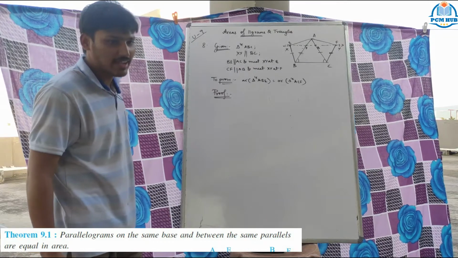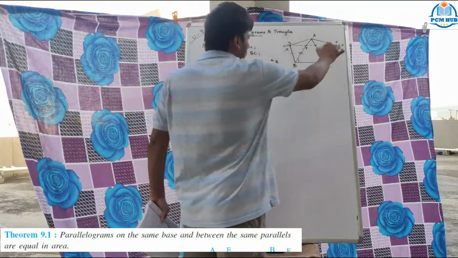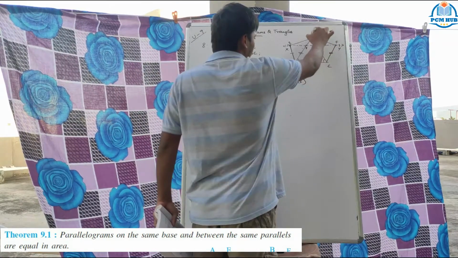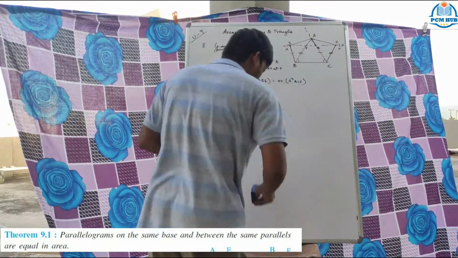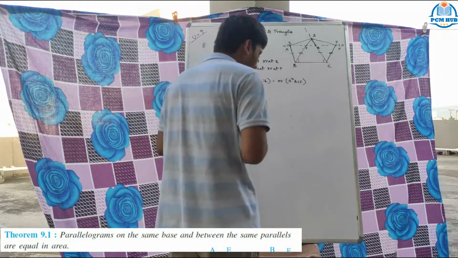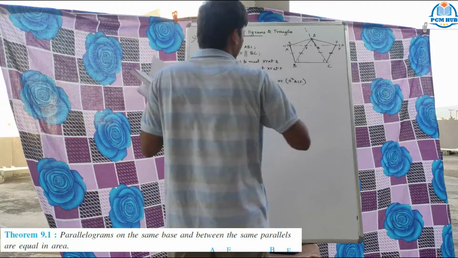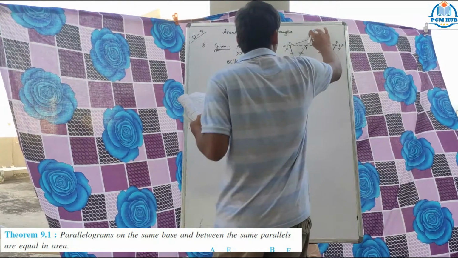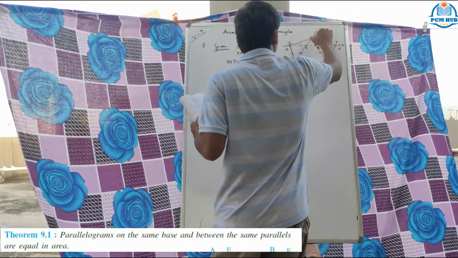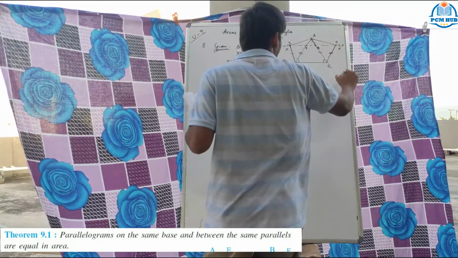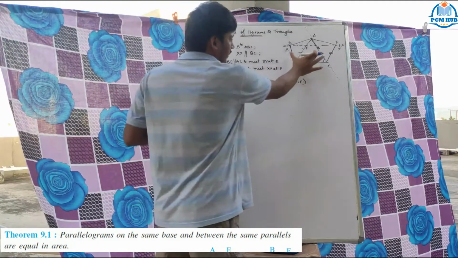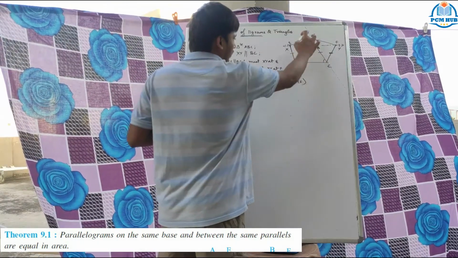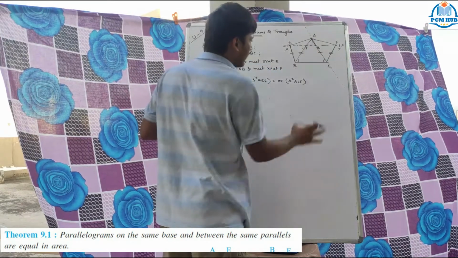AEB is a triangle, and this is a line of extension. I'll use the blue pen so you can understand clearly. Since this is a line parallel, this is a parallelogram, and this is the required triangle.